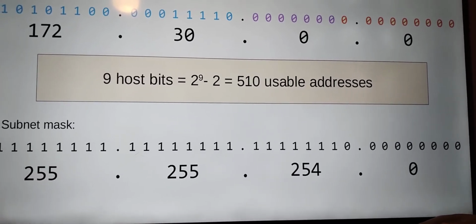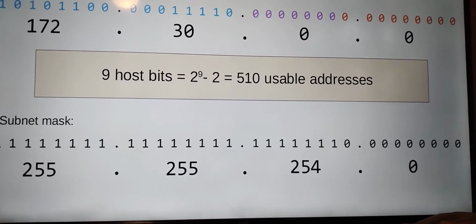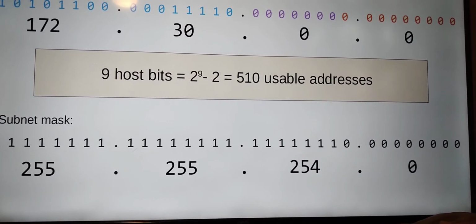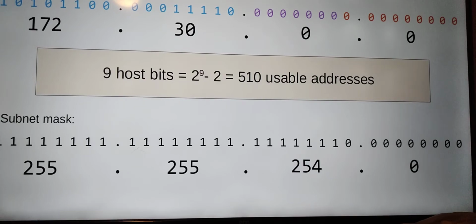So borrowing 7 bits means we will use a /23 prefix length, which leaves 9 host bits.